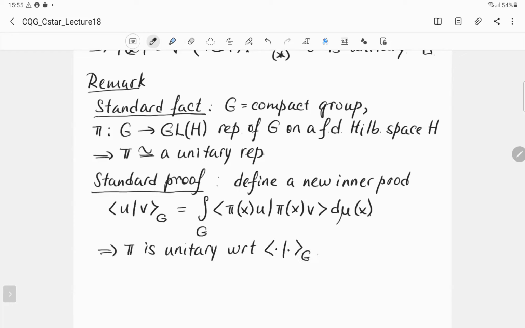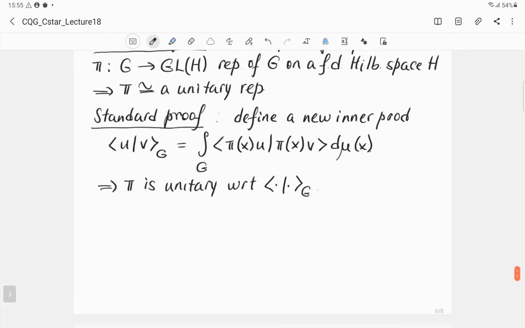So basically, the standard proof does the following. We keep the same representation pi, but we change the inner product on H. This is not entirely similar to our proof, because in our proof, we keep the same inner product, but we construct a new co-representation. So this looks a little bit different. But in fact, this difference is inessential.